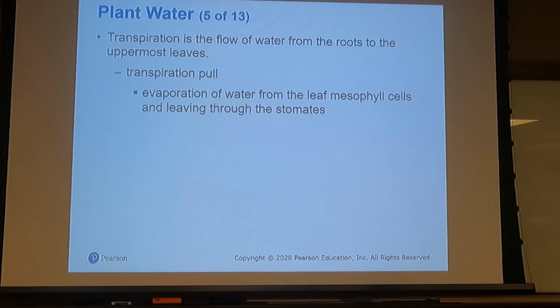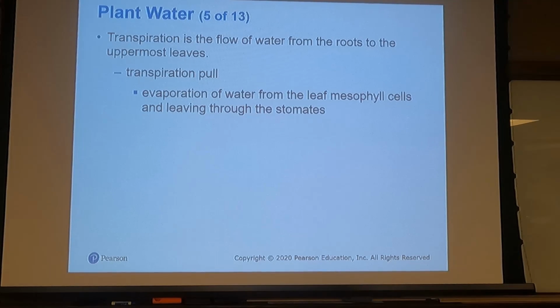So that evaporation is going to occur through the leaf mesophyll cells and then move out of the stomates. Our stomates are what are going to open and close, and regulate the influx of carbon dioxide. But when that stomate is open, we also have that evaporation of water. And so there's this balance between, we need this carbon dioxide in order to do photosynthesis.